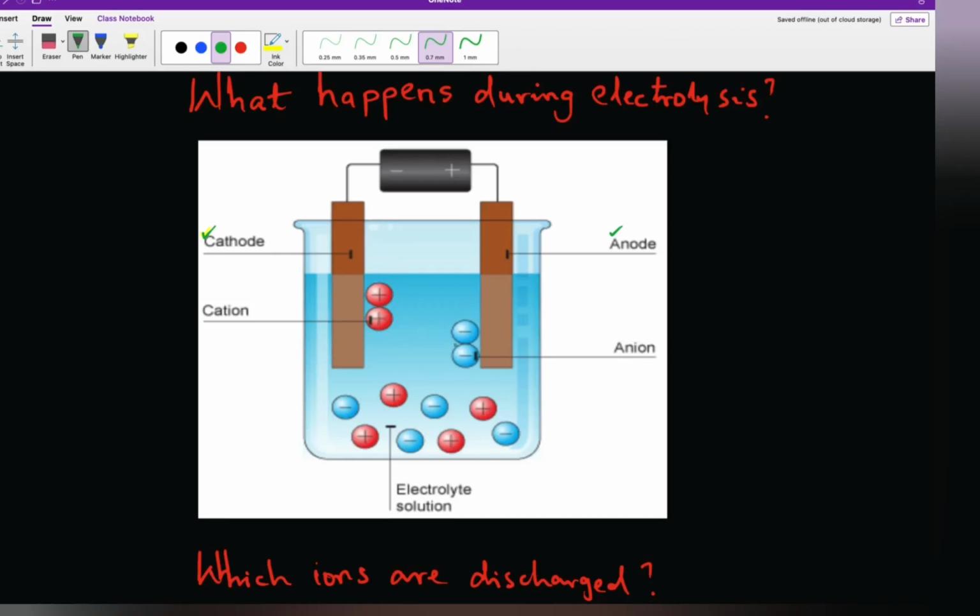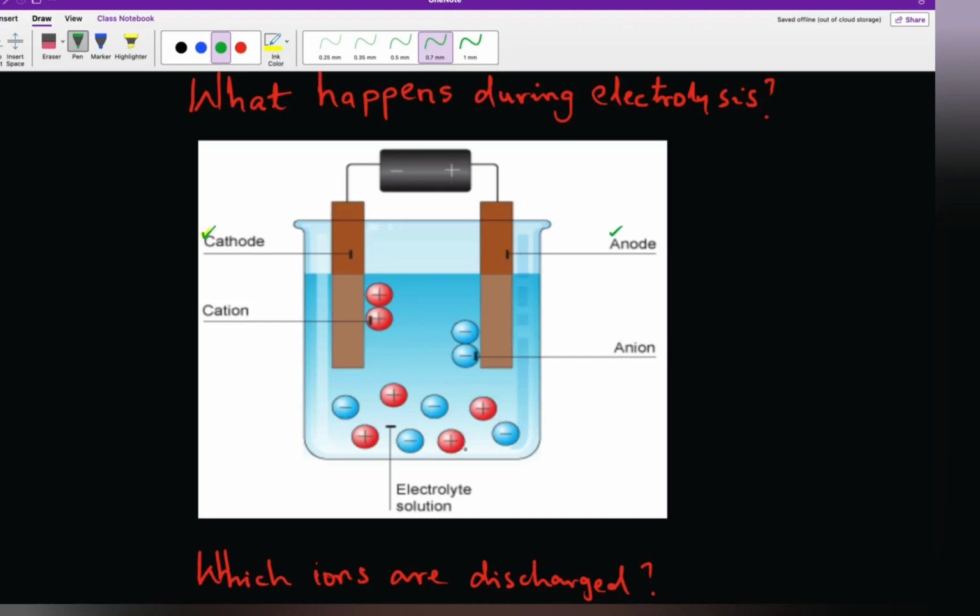In that case, when current passes into the electrolyte here, it causes the electrolyte to decompose into the different ions. The cations will go, the anions will go. This is a compound. It can be an ionic compound.